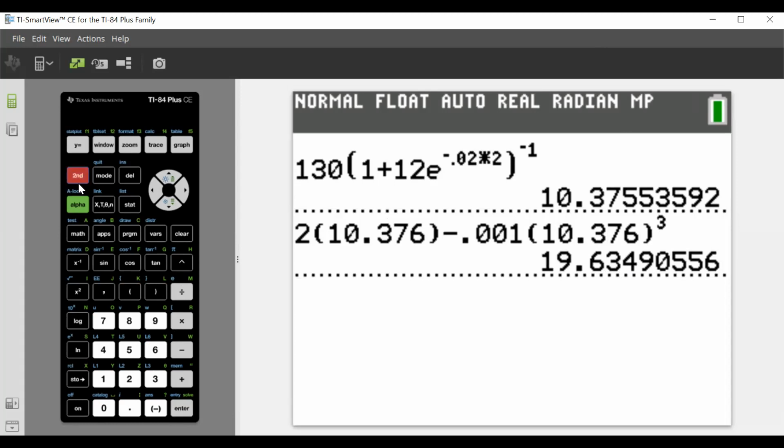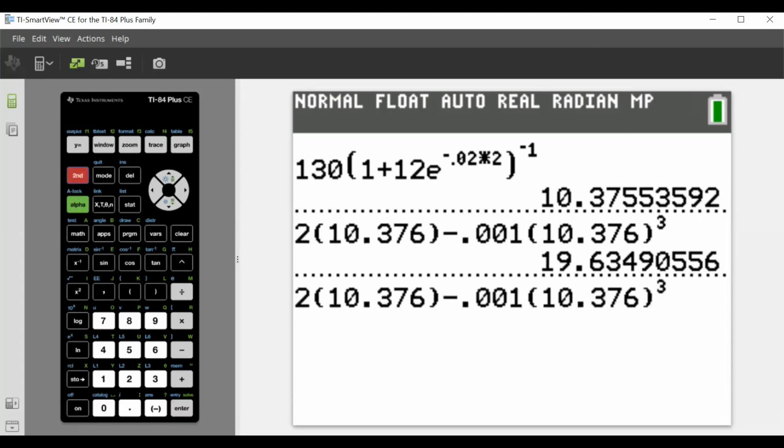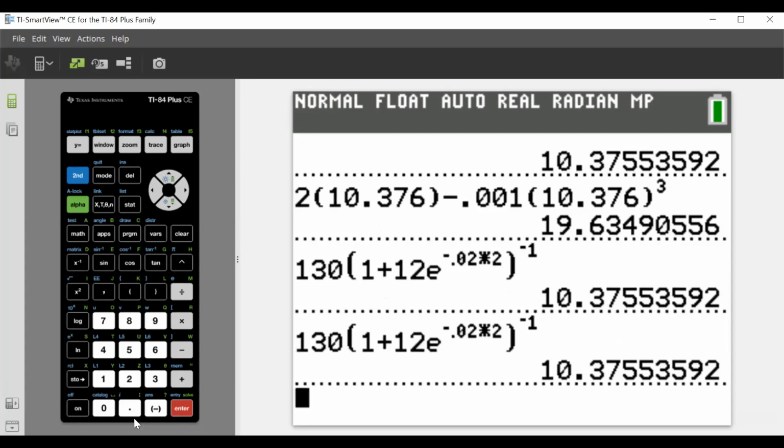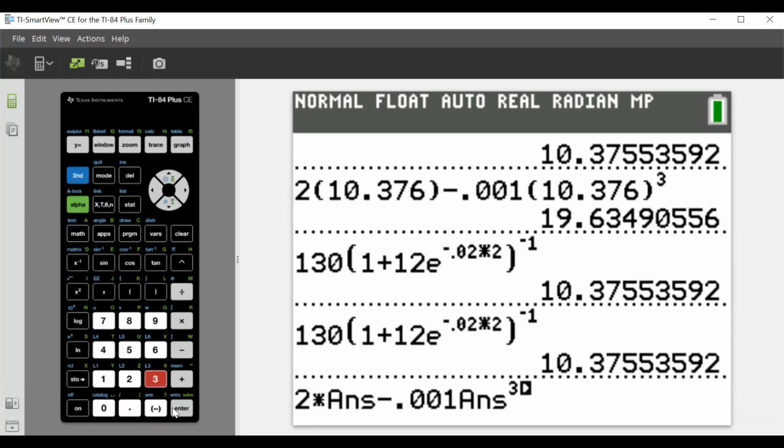Now, one thing to note is if we went back here, and we got that answer and we used that, and we took 2 times the answer minus 0.001 times the answer again. Oops, wrong button. Okay, enter. And so now we want to take 2 times answer and then minus 0.001 and then answer to the third.